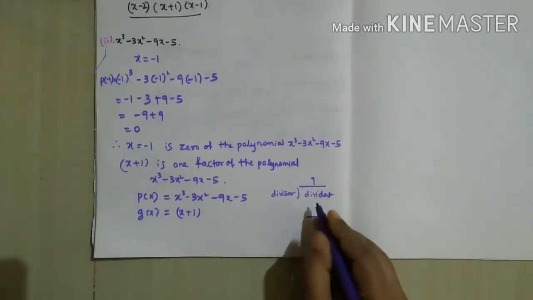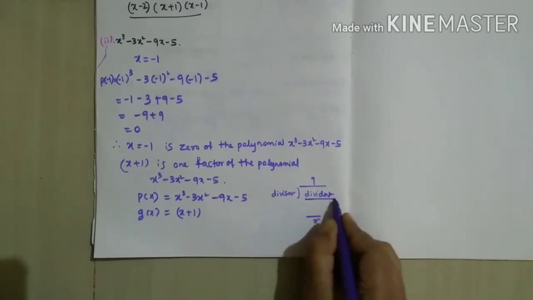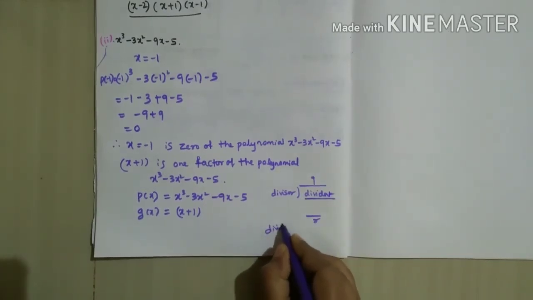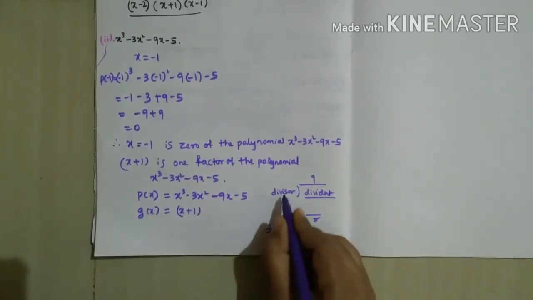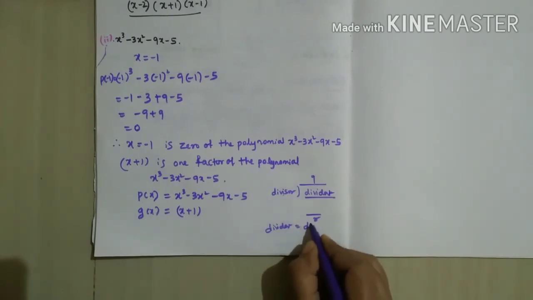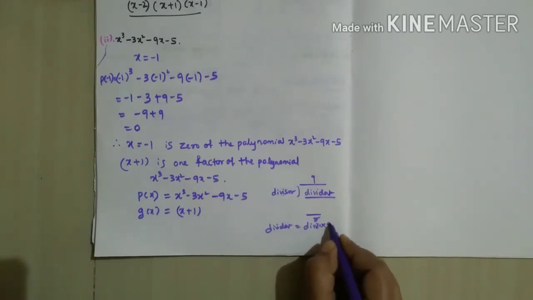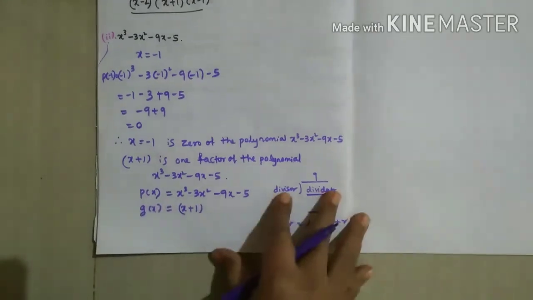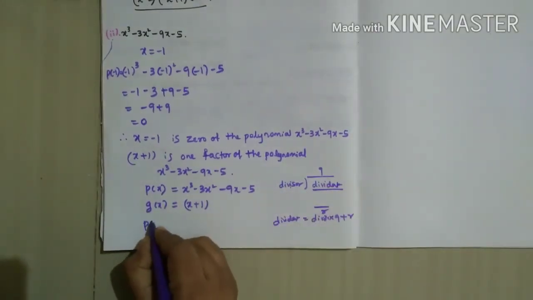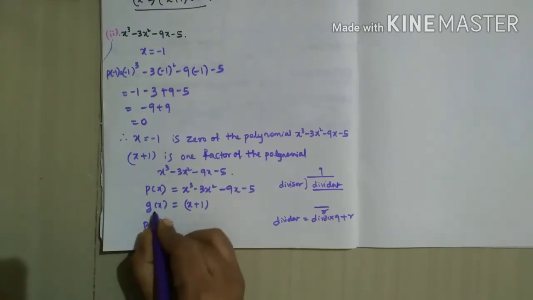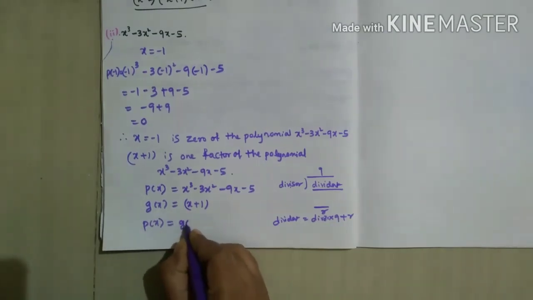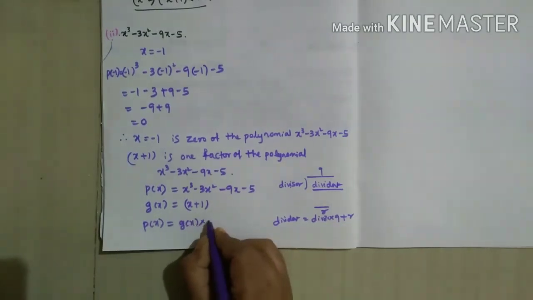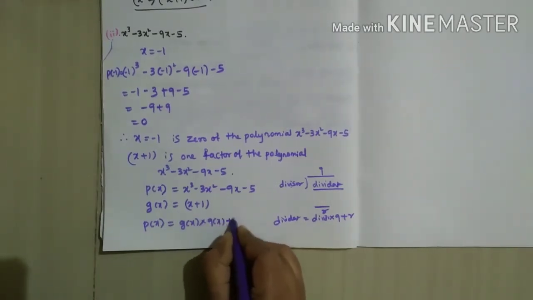If you want to verify the division, we write: dividend is equal to divisor into quotient plus remainder. Here this is p of x, the divisor is g of x, so p of x is equal to g of x into q of x plus r of x.